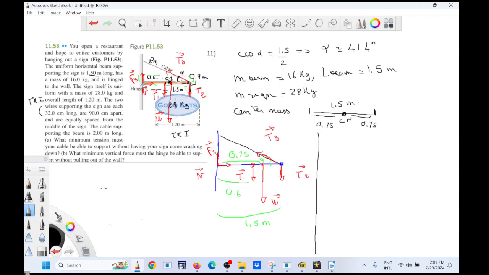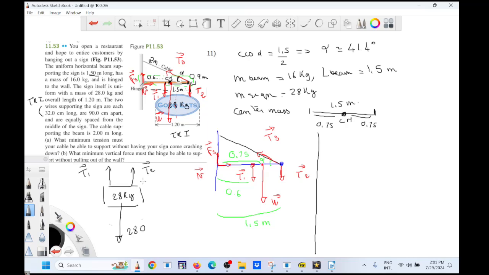The other thing, when you have a sign, so this is your sign here, and this is 28 kilograms. So the weight here is 280, and you have a T1 here and a T2 there. Okay, T1 and T2. So you see that they're going to be equal to each other, and they share the weight.